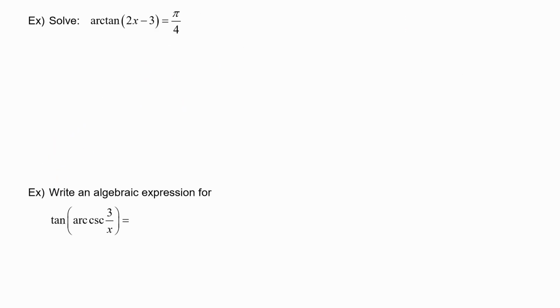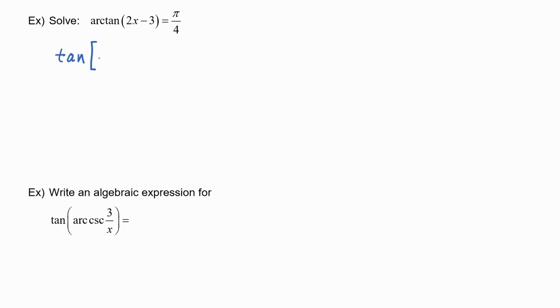In this example, we have to solve arctangent of the quantity 2x minus 3 is equal to pi over 4. To get at the variable of x, we need to undo the arctangent, and the way that would happen is to take the tangent of both sides.